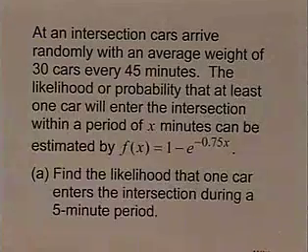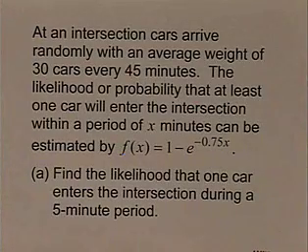Well, let's try an exponential model that involves this base e. Here's what we're going to do. At an intersection, cars arrive randomly with an average wait of 30 cars every 45 minutes. The likelihood or probability that at least one car will enter the intersection within a period of x minutes can be estimated by f of x equals 1 minus e to the negative 0.75x.